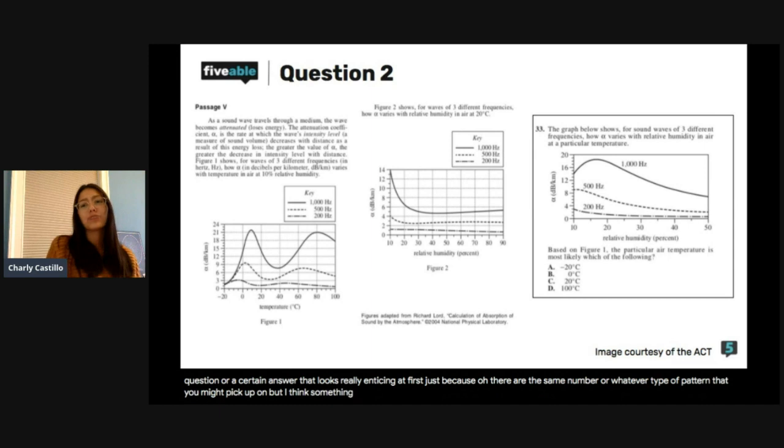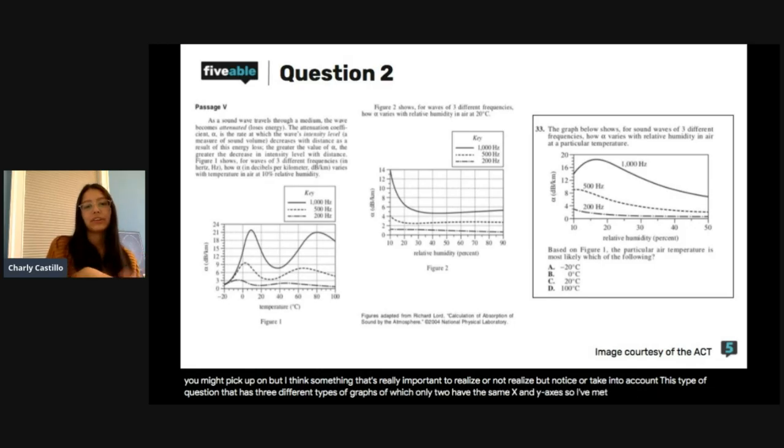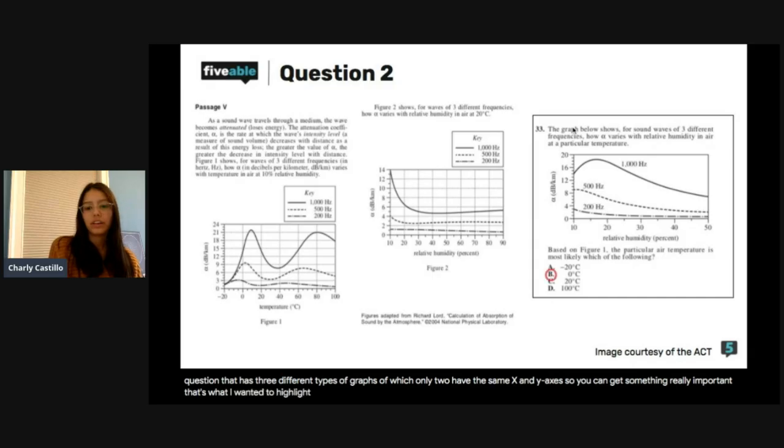But I think something really important to notice or take into account are labels and keys, especially for this type of question that has 3 different types of graphs, of which only 2 have the same x and y axes. So I think that's something really important. That's what I wanted to highlight, and it should be B.